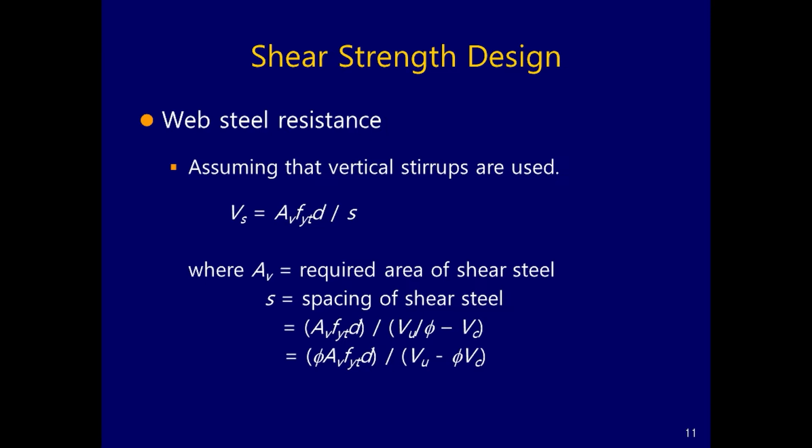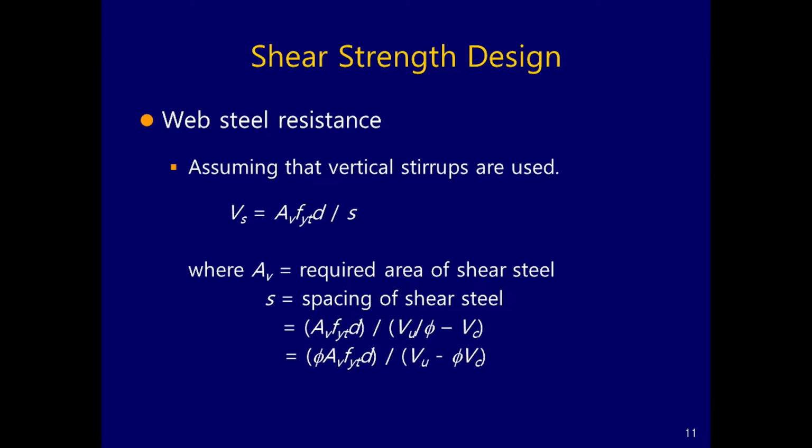A_v is the cross-sectional area of the shear reinforcement per layer. So required V_s was V_u over phi minus V_c. So instead of V_s, you plug that right there. And then phi is moved to the denominator, numerator, and also in front of V_c.